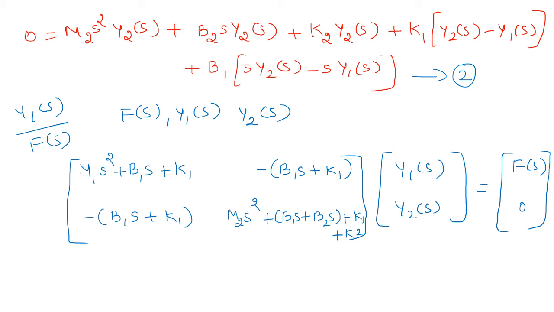So we use Cramer's rule here, and we write down our Y1 of s. Y1 of s is equal to 1 by delta, where delta is the determinant of the matrix.